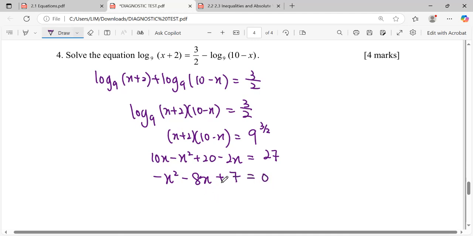So again, our quadratic in negative cannot directly go and factorize. Simplify your quadratic. Make sure your quadratic is positive when you are using the calculator. So we divide by negative 1.